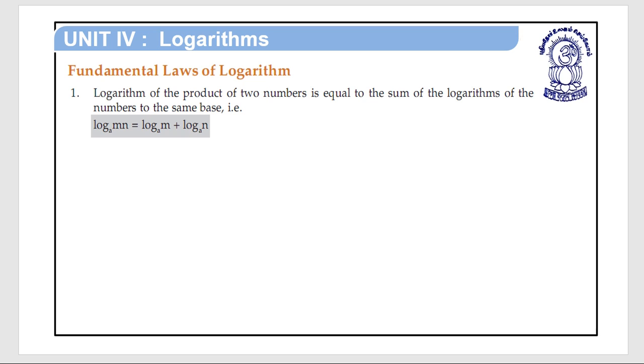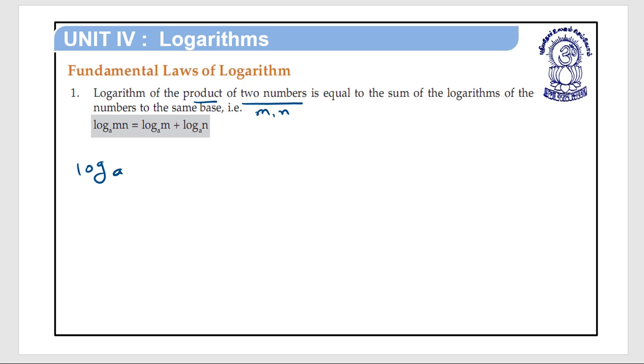Fundamental laws of logarithm. First law: logarithm of the product of two numbers, consider m and n, is equal to the sum of the logarithm of the numbers to the same base. The base remains the same.